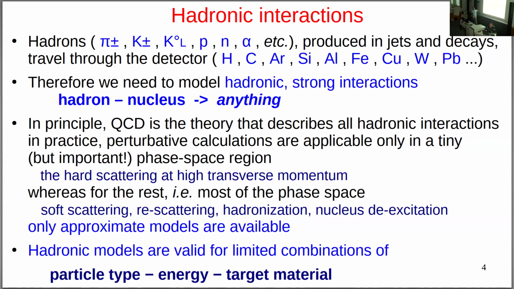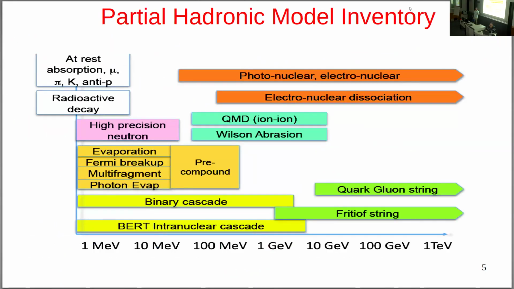And so for each combination of particle type, energy, and target material, we have to have at least one model which tells us what is happening in the case of an interaction. And we need several of them. We will not go through all the details, but the message here is an example of the models inside Geant4.